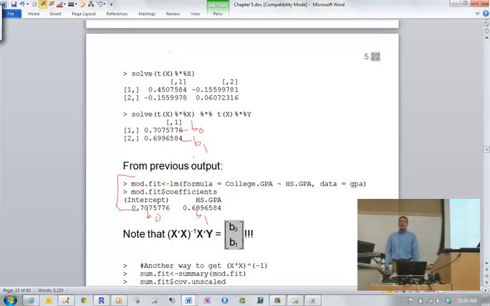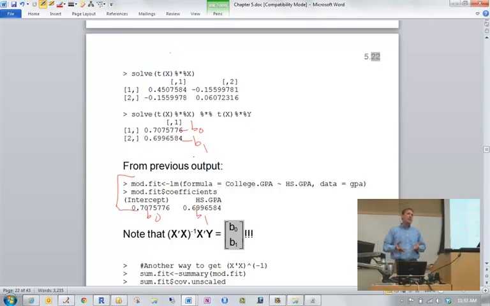If you're using that matrix algebra, we get exactly the same thing. So now you can start seeing how matrix algebra really is important here. It helps simplify the calculations. All you have to remember is X prime X inverse, X prime Y gives you your B0 and your B1.